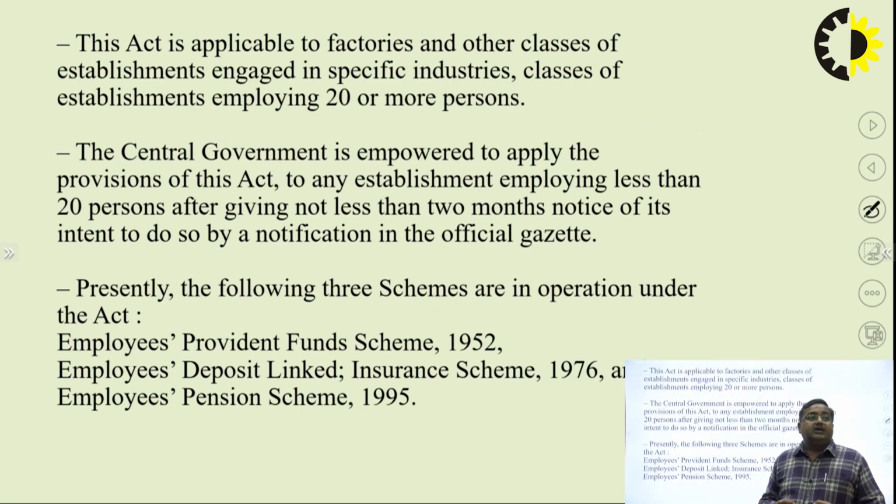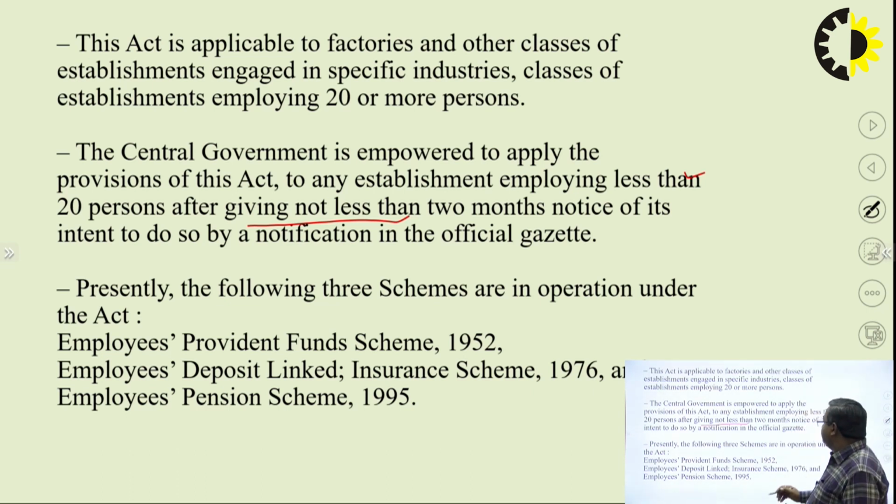This act is applicable to the factories and other classes of establishment engaged in specific industries, employing 20 or more persons. The central government is empowered to apply the provisions of this act to any establishment employing less than 20 persons after giving not less than 2 months notice of its intent to do so by a notification in the official gazette.